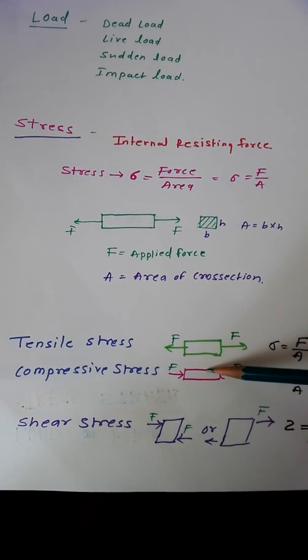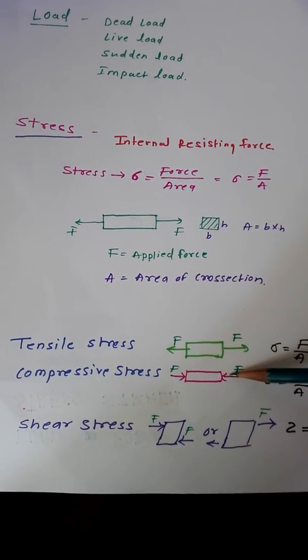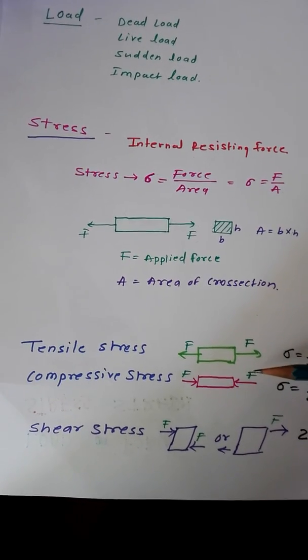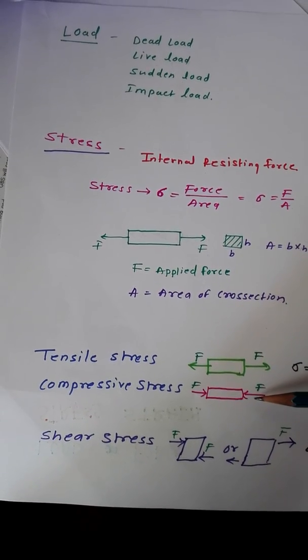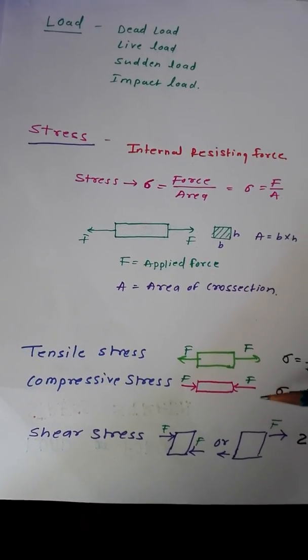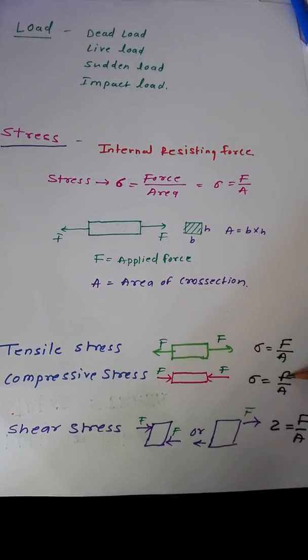A compressive stress is when two forces act towards each other, towards the object. It is also represented by sigma equals F by A.